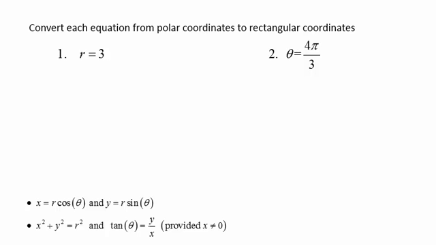Converting equations from the polar coordinate system to the rectangular coordinate system is not as straightforward as the other way around. We still look to use our common substitutions when possible, though. Well, let's look at our first example, r equals 3. To get this equation in its rectangular coordinate form, we could maybe square both sides.